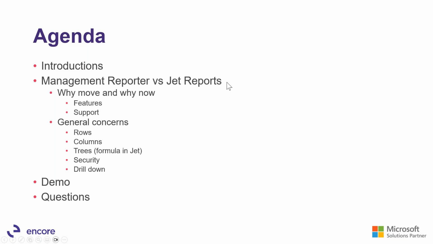While we can secure the Excel report, it is quite time consuming to do so. On the support side, obviously the support is going away for Management Reporter, so we need to be concerned about that. For ongoing support, we currently maintain both Management Reporter and JET Reports people. We do both internally.